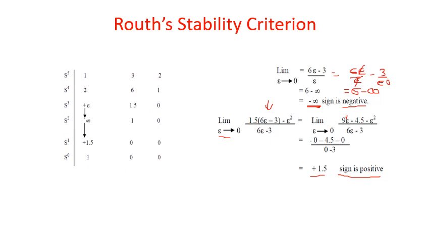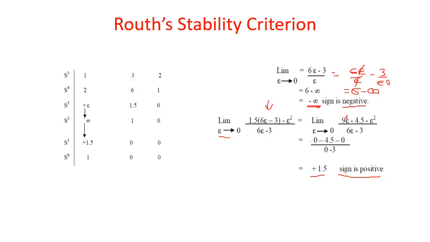Then later, I told you we had these terms in our previous column. That itself only we will rewrite. So we have S5: 1, 3, 2 and S4: 2, 6 and 1. Where 0 was there, we had changed it to epsilon. Then we write 1.5 as it is and 0.